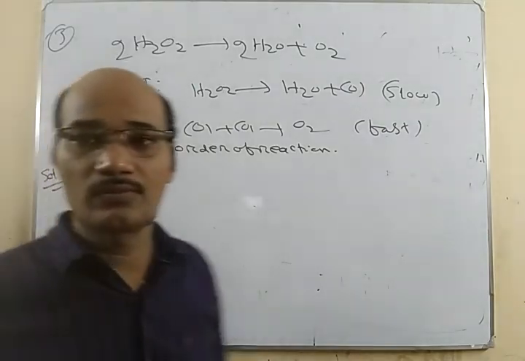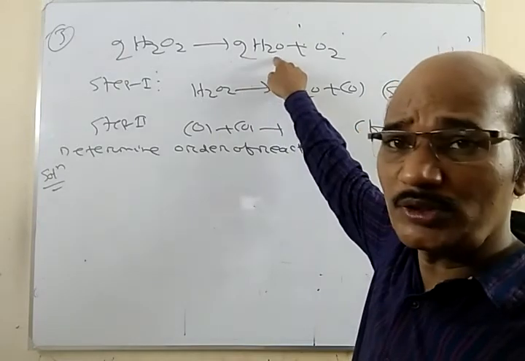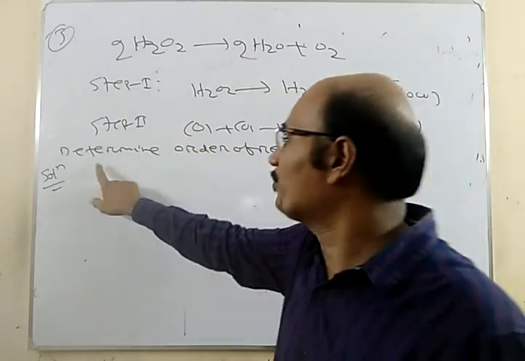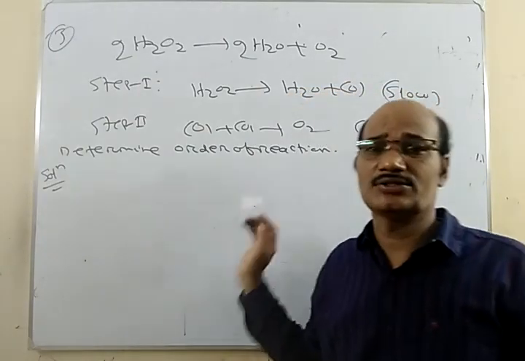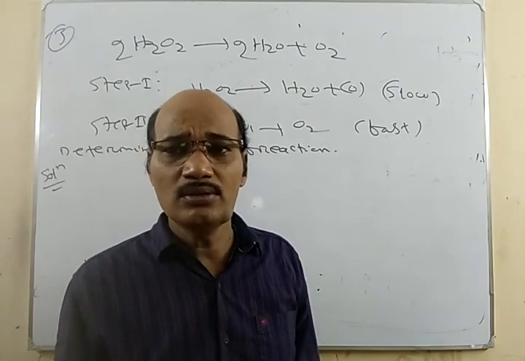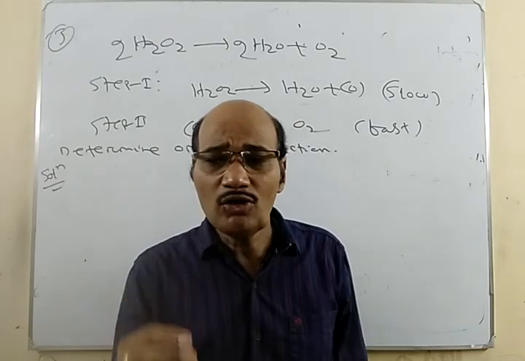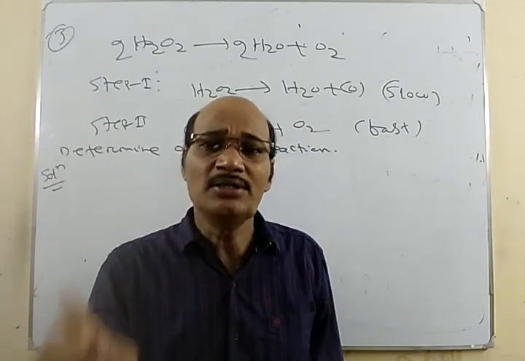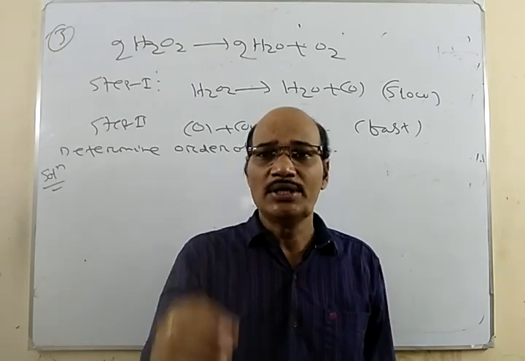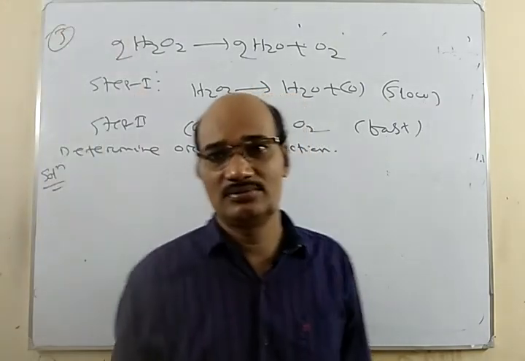This is the question: 2H2O2 giving 2H2O plus O2, and this reaction proceeds in two steps, and we have to find the order of the reaction. Now the order of the reaction we can find from the rate law, and the rate law we write from the rate determining step, and the rate determining step is the slowest step of the multi-step reaction.